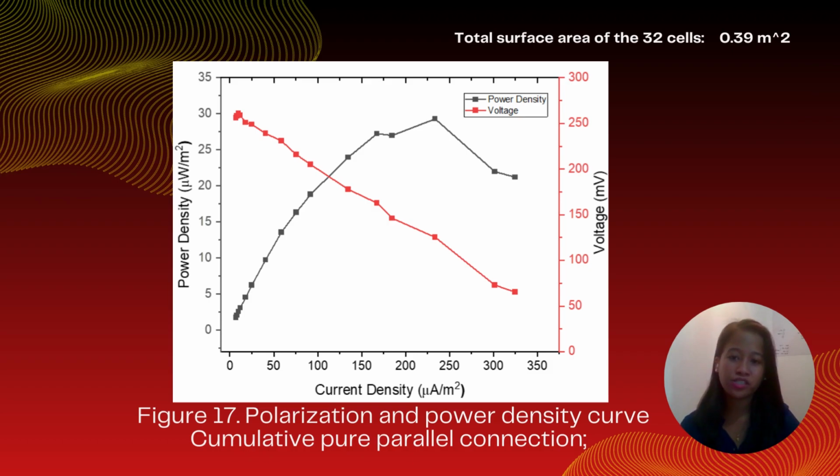We compared the generated measurements from the data, and we graphed the polarization and power density curve of the pure parallel connection, which obtained the maximum power density among all the connections, with a power density of 29.30 microwatts per cubic meter and a current density of 233.63 microamperes per cubic meter against an external resistance of 1.37 kiloohms.